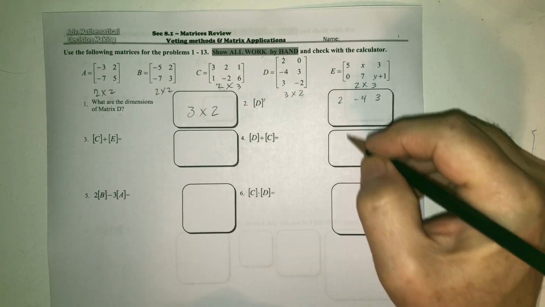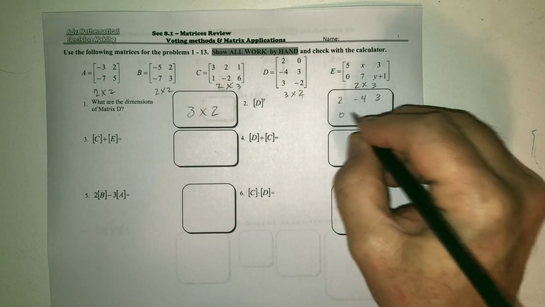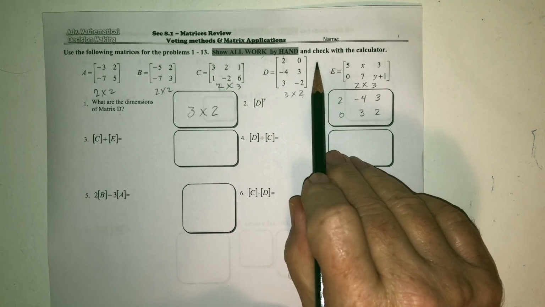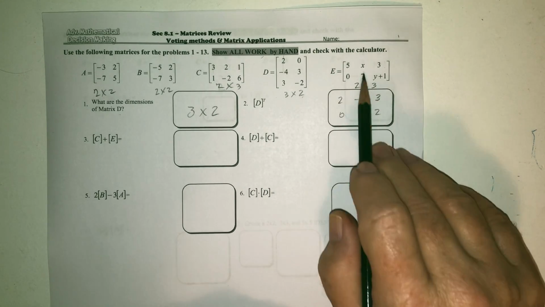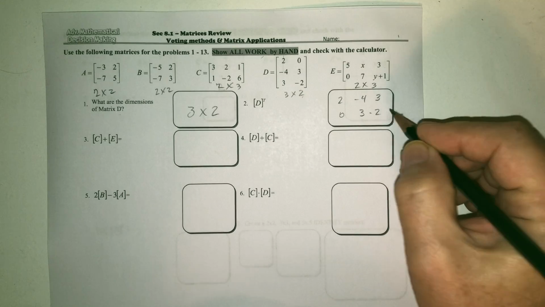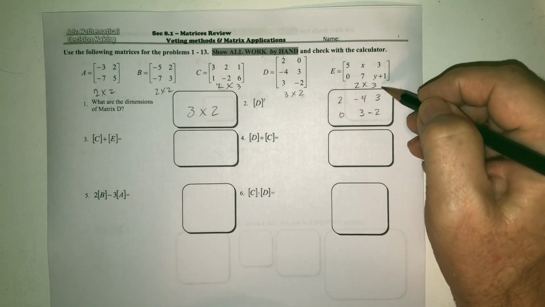And column 2 will become row 2. So 0, 3, 2. And now you can see that row 1 became column 1, and row 2 became column 2, and row 3, oh, this should be a negative, my fault. All right, row 3 became column 3.